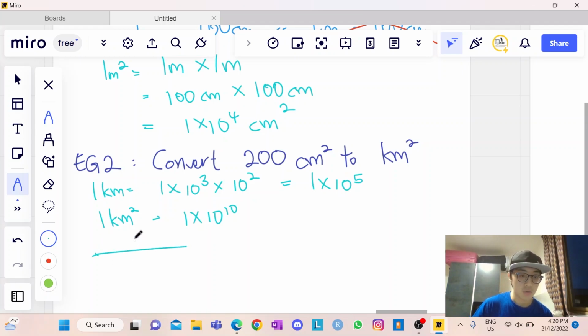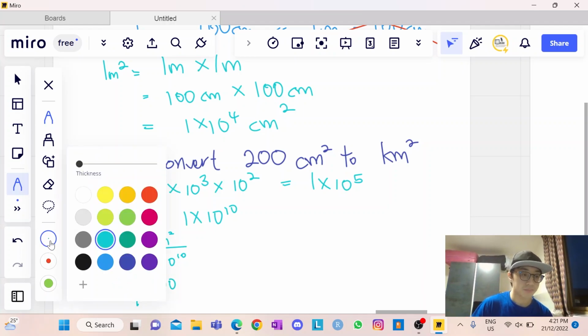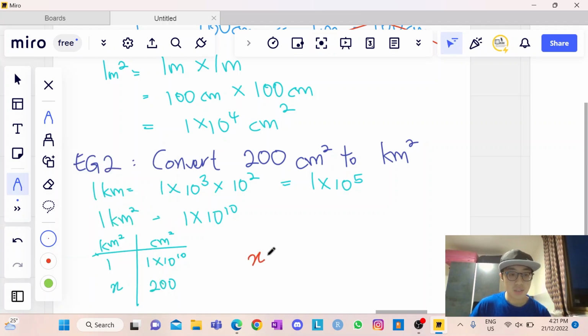Back to this question. Maybe I should write km square and cm square. So 1 km square is 1 times 10 to the power of 10 cm square. If I'm to convert 200 cm square, what is my x? x will be equal to 200 divided by 1 times 10 to the power of 10.